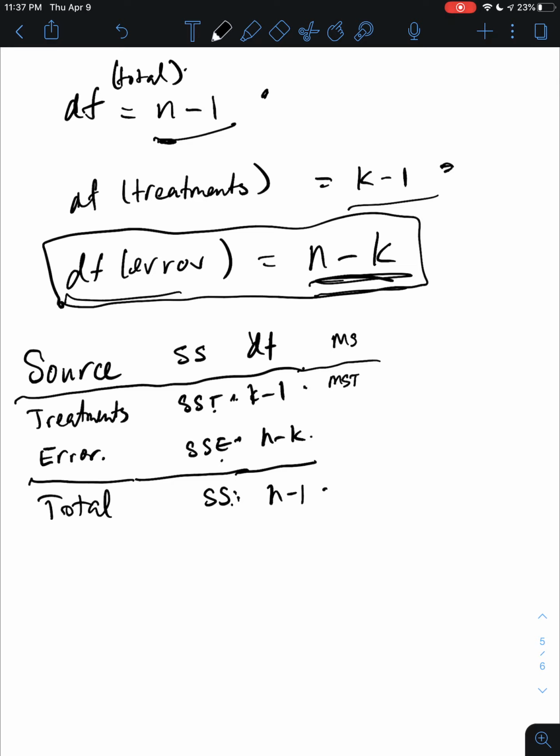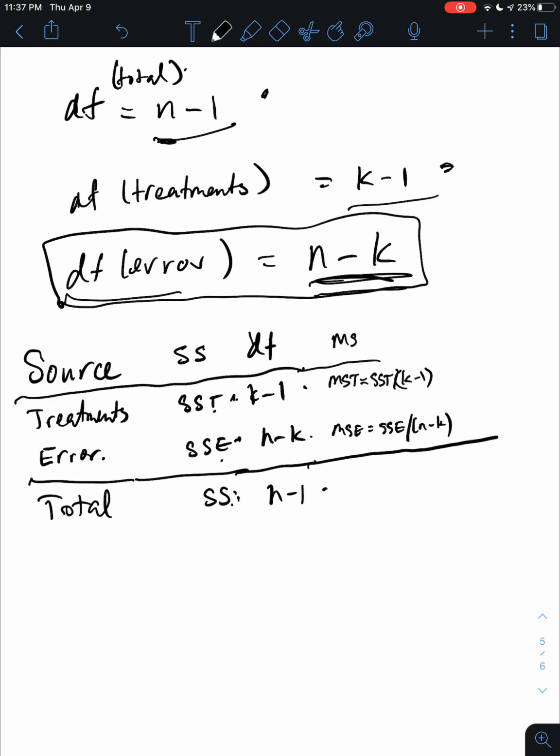So that's why I like to put them in this order, because that tells me what order to divide them. So MST, the mean squares of the treatments, is SST, the sum of squares of the treatments, divided by the number of degrees of freedom. So that's k minus 1. And the mean squares for the errors is the sum of squares for the errors divided by the number of degrees of freedom.